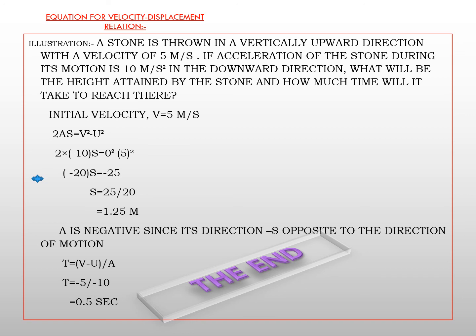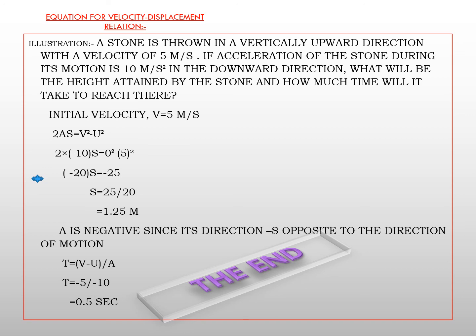Now the second part is how much time will it take to reach there. We have the velocity, and we have to find the time. In the previous topic, we read about the velocity-time relation.